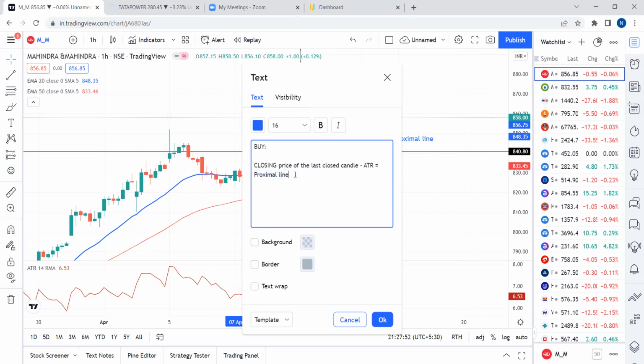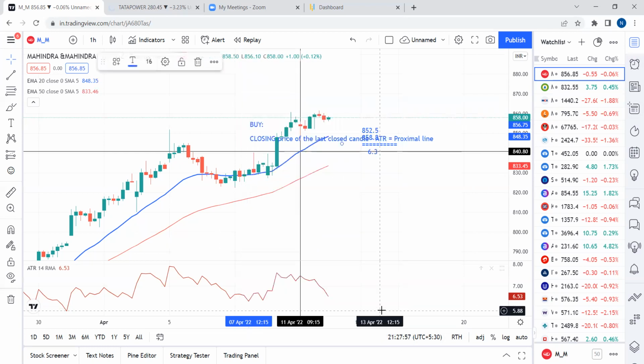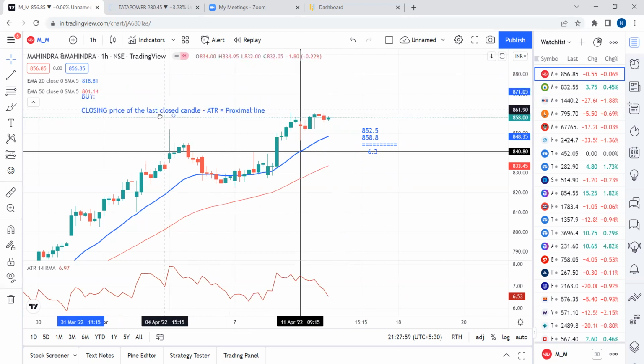Proximal line is nothing but the entry line. Why do we call it proximal? I'll come to that. First calculate this.